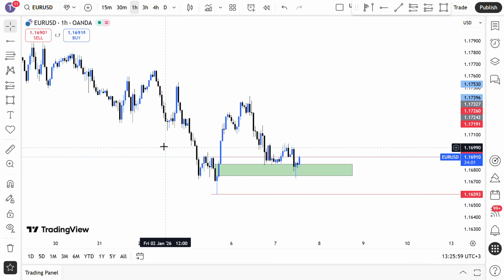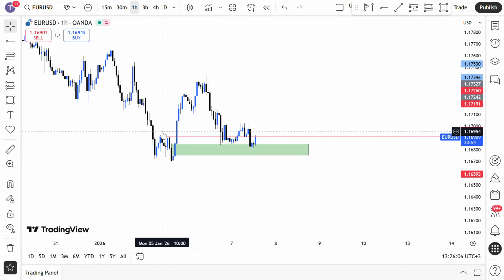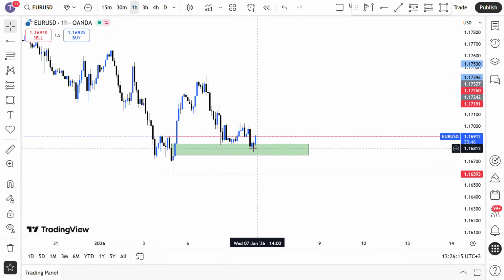Down here we have another break of structure to the downside, but because this high did not take out any internal structure before going down to break this low, I want to see a very good confirmation from this point before I take my buying opportunities to the upside.